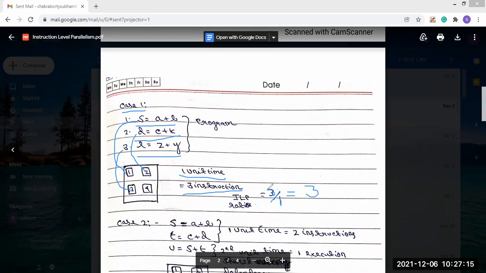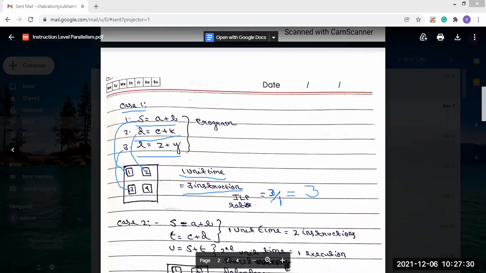That means the ILP ratio is equal to the total number of instructions executed divided by the time taken.